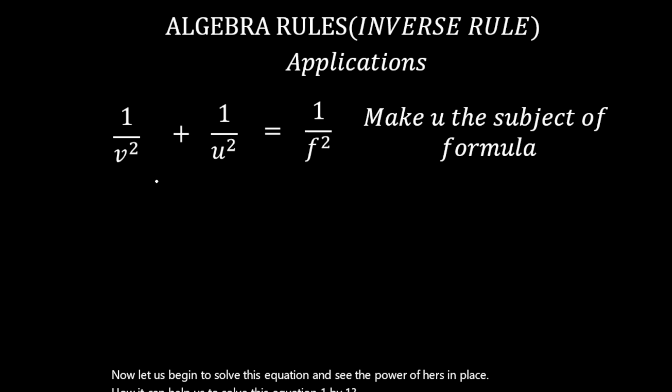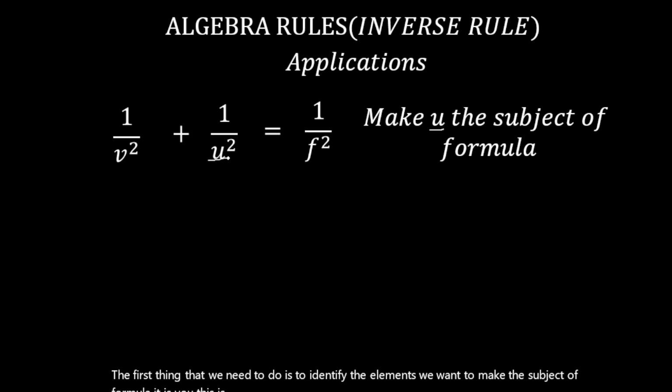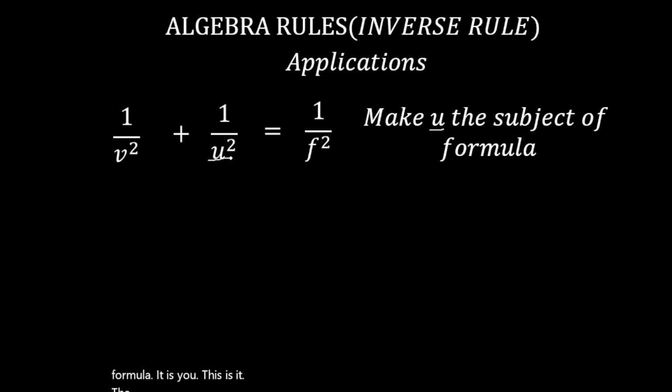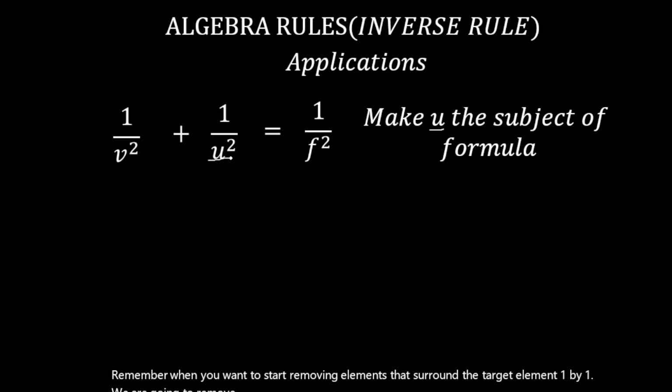The first thing that we need to do is to identify the element we want to make the subject of formula. It is u. This is it. The next thing is to start removing the elements that surround it one by one. Remember, when you want to start removing elements that surround the target element one by one, we are going to remove the increment or decrement value first. But for you to understand what we need to do, let us do a little analysis.